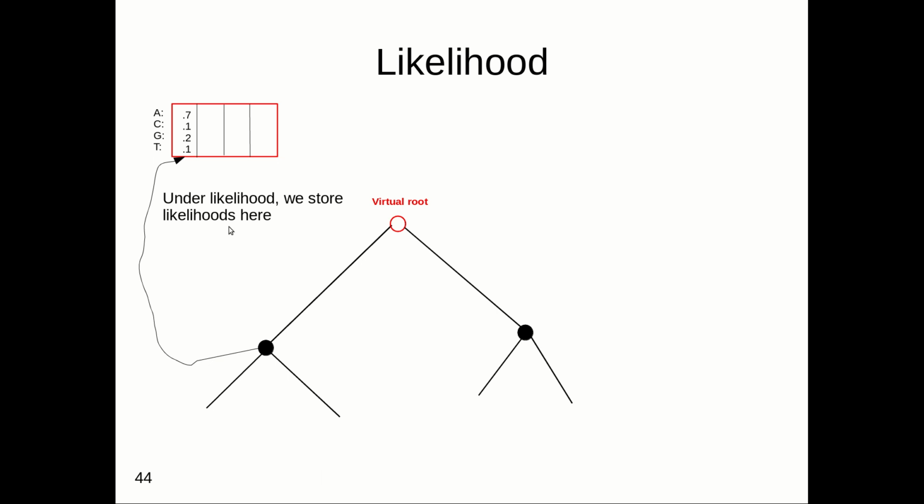And just as a side note, under likelihood, what we actually store here are not bits, but floating point values. So under likelihood, we would store the conditional likelihood of observing A, C, G, and T here. And typically, the conditional likelihoods for C, G, and T will not be 0 here, just because of, by design of the likelihood model.